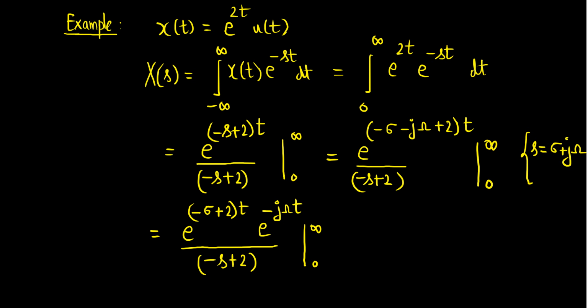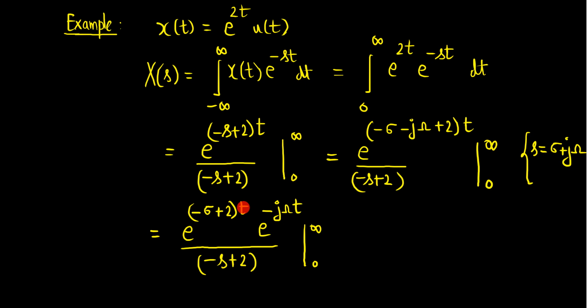Now let's see what happens if I replace these limits here. So this t we are replacing by infinity, and you can note that this term is going to be 0, and therefore this term as a whole is going to be 1. And what if I replace t with infinity here?